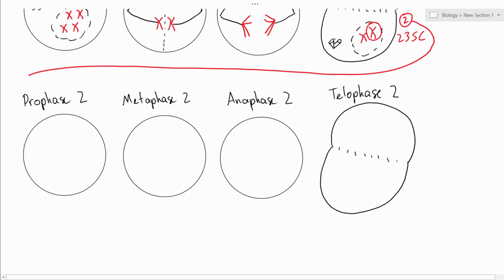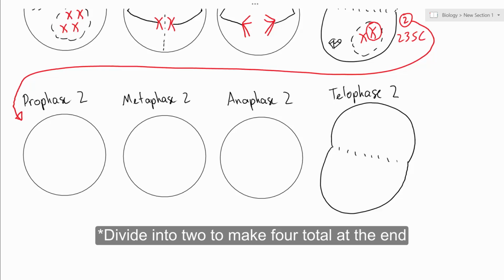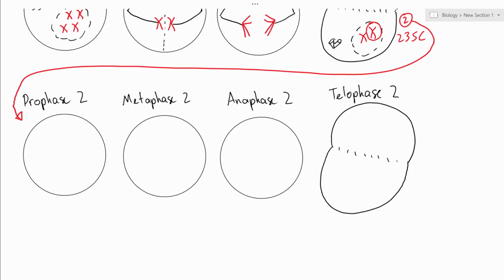Cell 2 is now going to go through this process of division a second time, except this time it's going to slightly differ again, but it follows the same basic steps. So our first division will yield 2 cells, and each of those 2 cells will divide into 4 cells. So in one full sequence of meiosis, we go from having 1 cell to having 4 haploid cells.